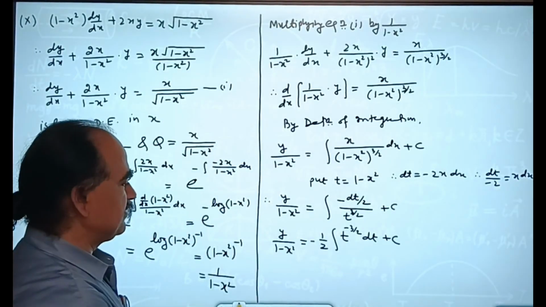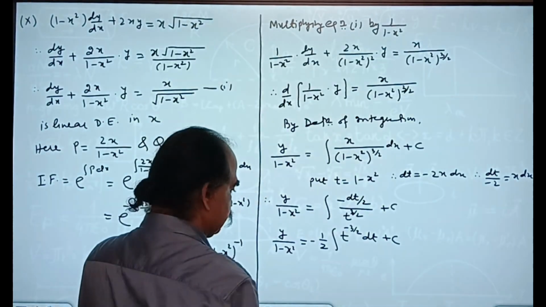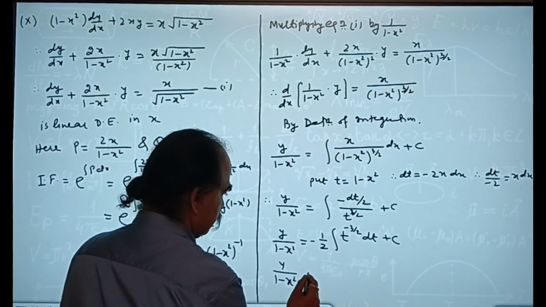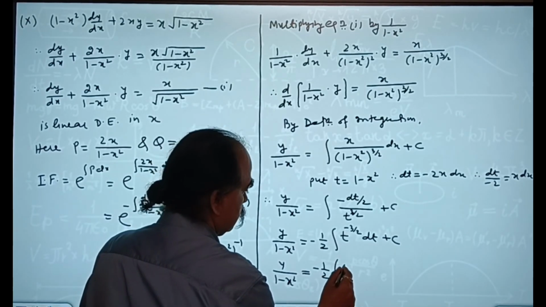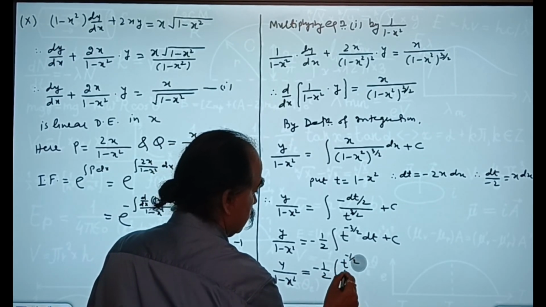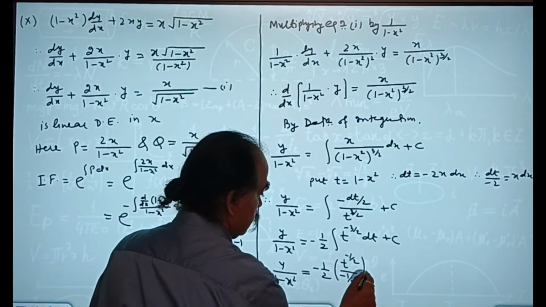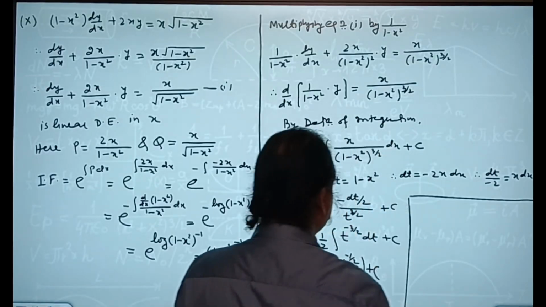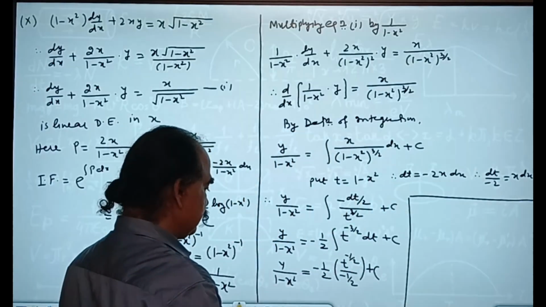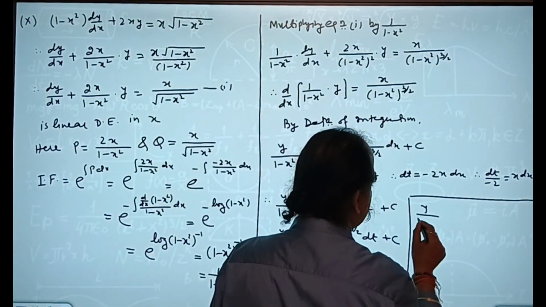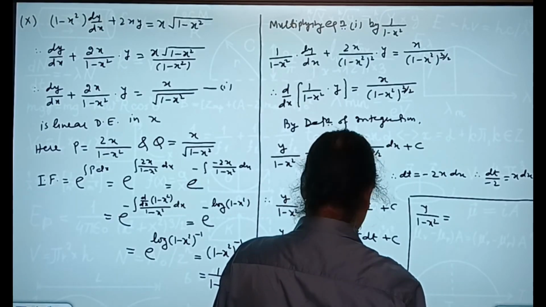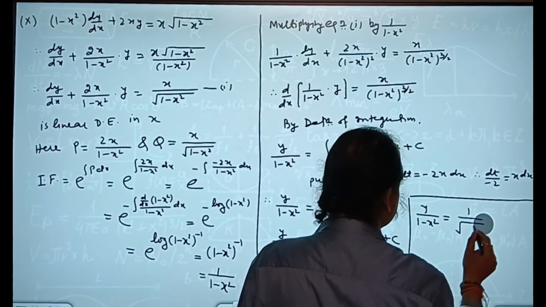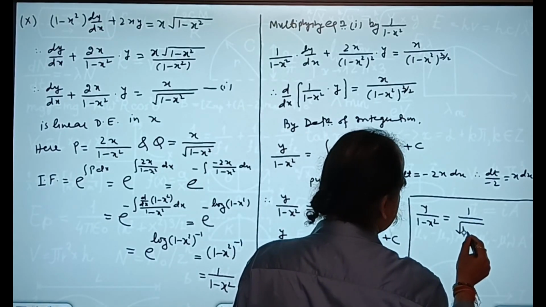Integration of t raised to minus 3 by 2 is what? Minus 3 by 2 plus 1, minus 1 by 2 upon minus 1 by 2. y upon 1 minus x square plus c. Half will get cancelled. y upon 1 minus x square is equal to 1 upon root t, which is 1 minus x square.